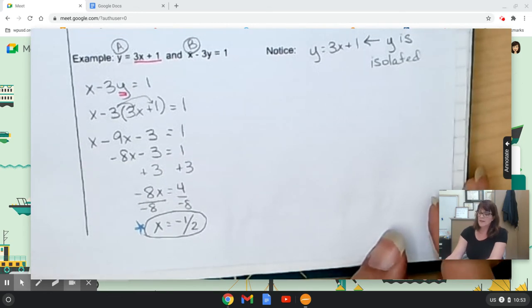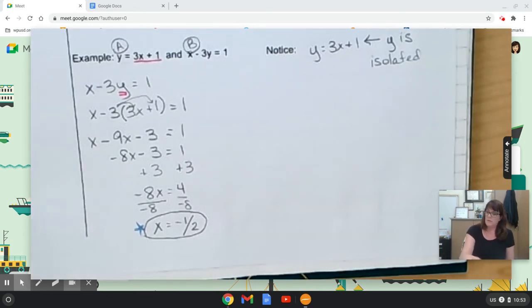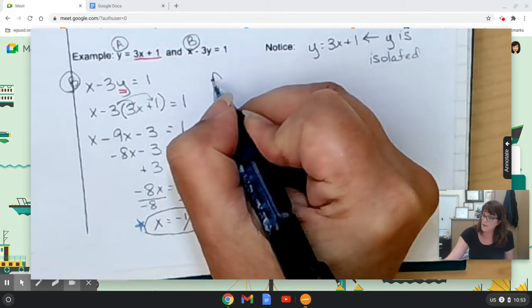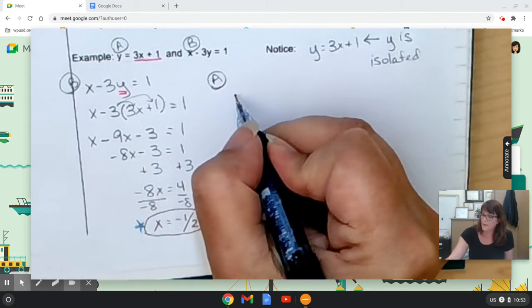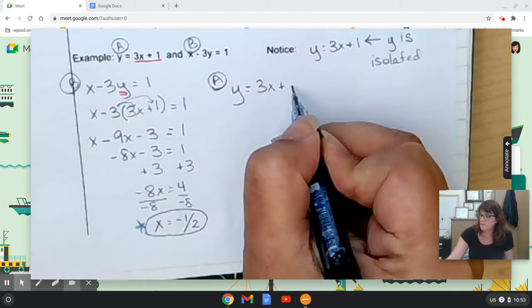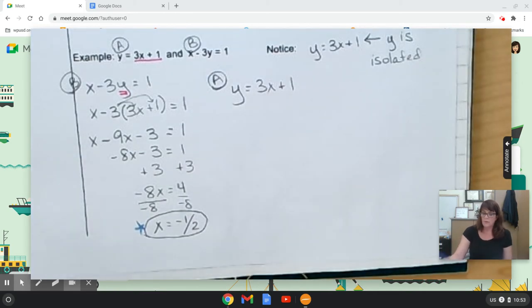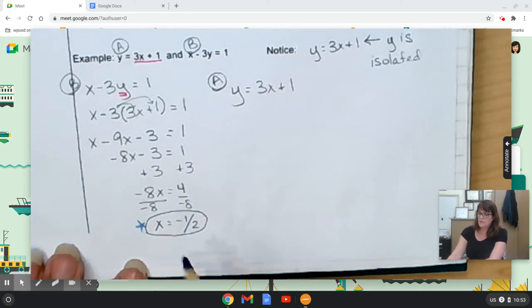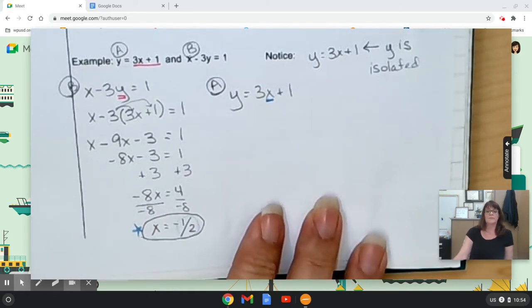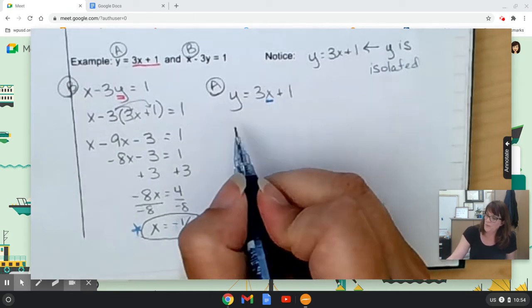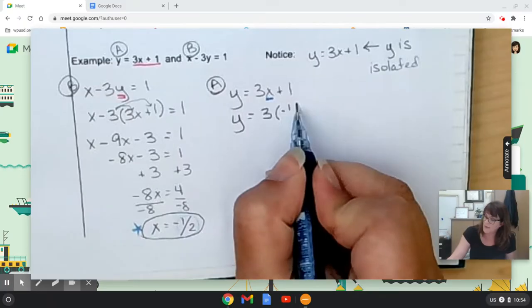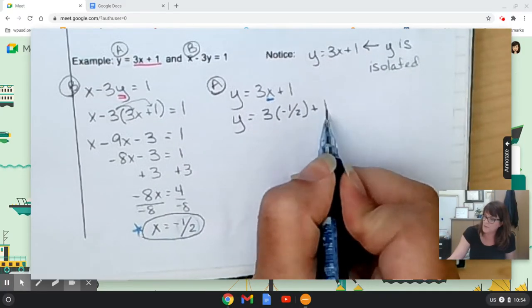So now I'm going to take equation A over here and write it down. y equals 3x plus 1. Well, now I know what x equals, so I have to substitute that in. y equals 3 times negative 1/2 plus 1.